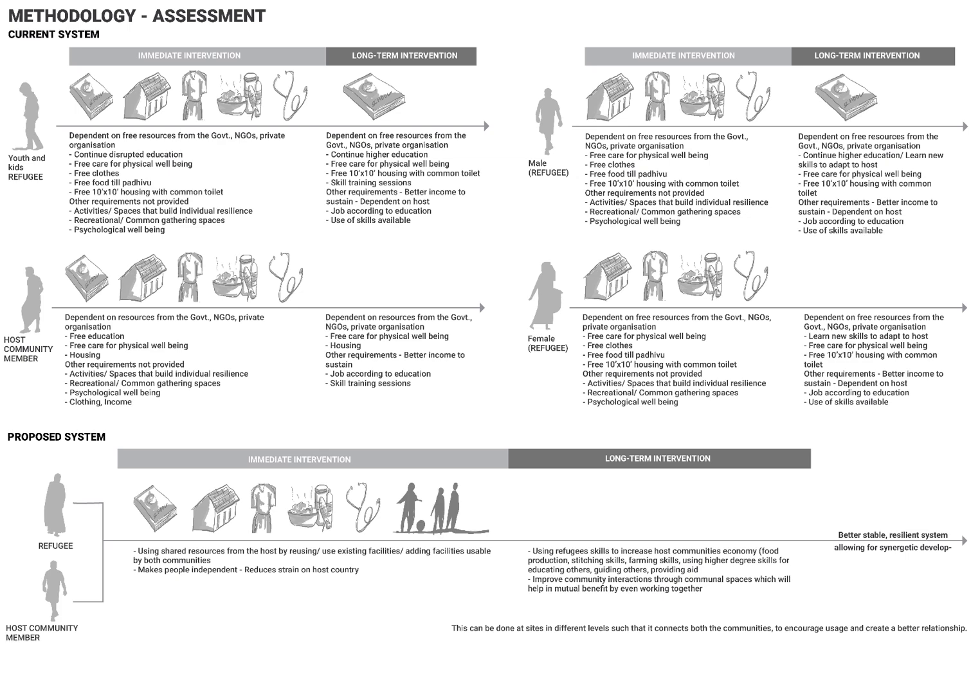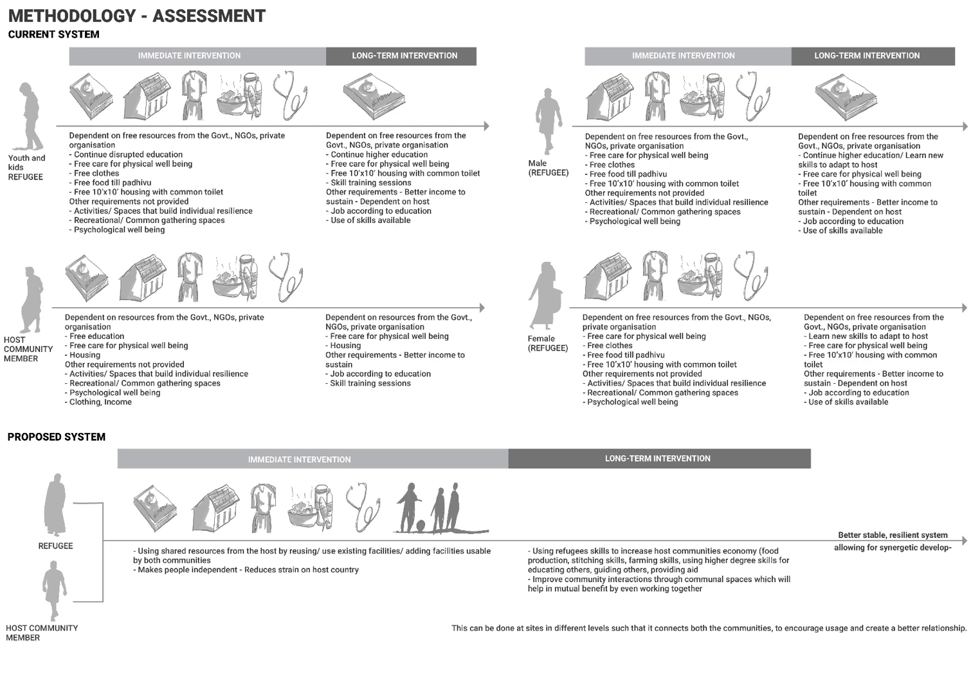So, this proposal leads to two types of interventions, the immediate intervention and the long-term intervention. The immediate intervention are the basic needs such as food, clothing, shelter, medical care, which is the physical well-being and also the psychological well-being.